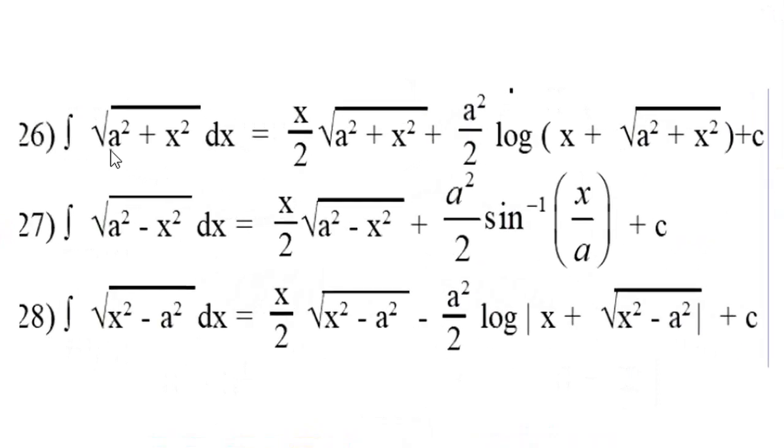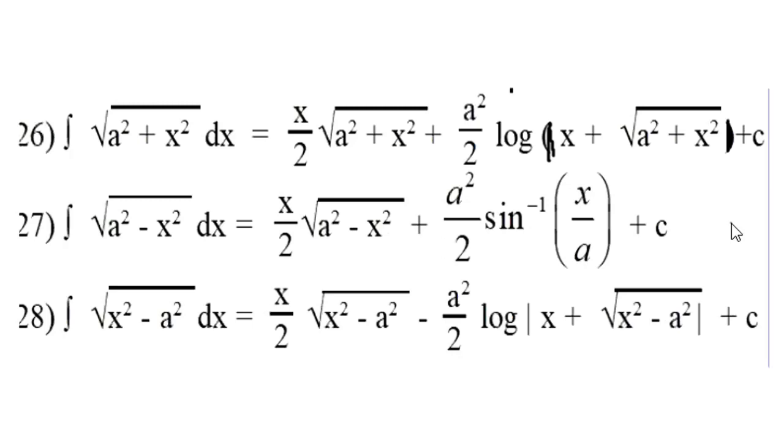This is 26th: integral of under root of a square plus x square dx is equal to x by 2 under root a square plus x square plus a square by 2 into log of mod of x plus under root a square plus x square plus c.